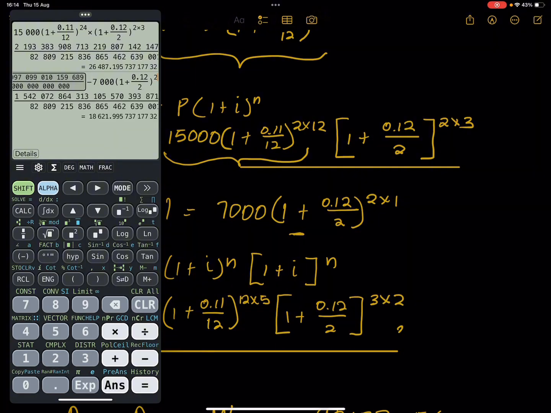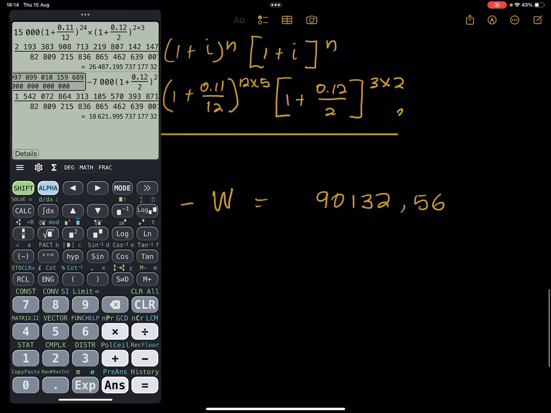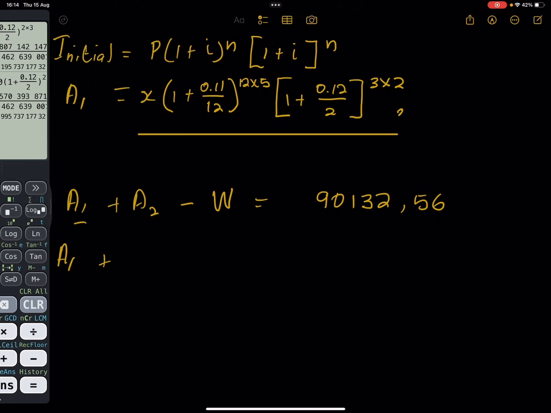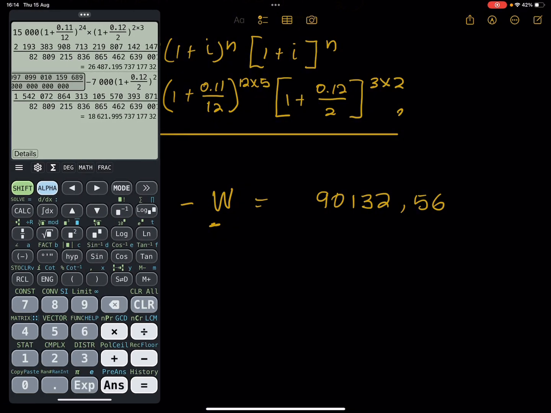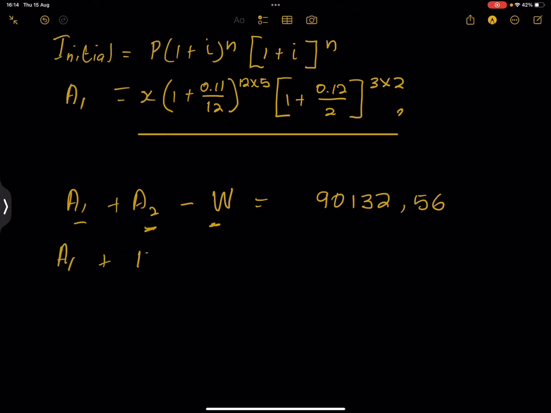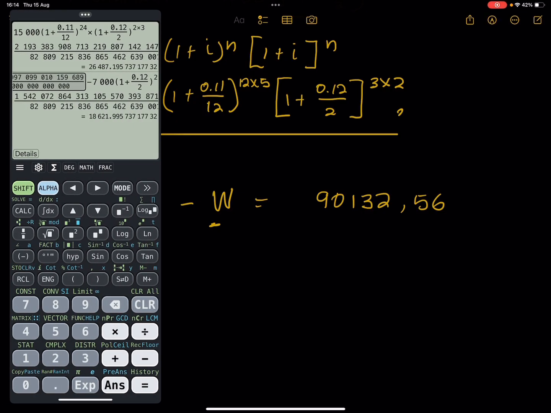So that's the amount that I will get. That's 18,621, well, let's just say 18,622. So this is the amount that I get, ladies and gents, from the A2 minus the withdrawn amount. So we are trying to get to x. That's 18,622.